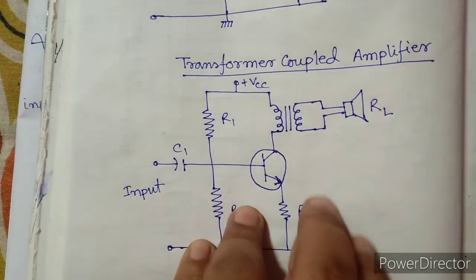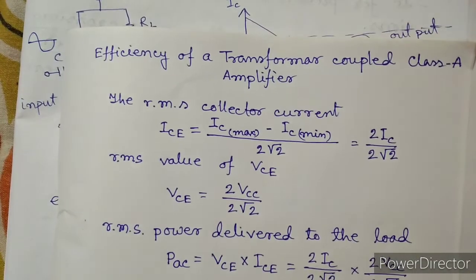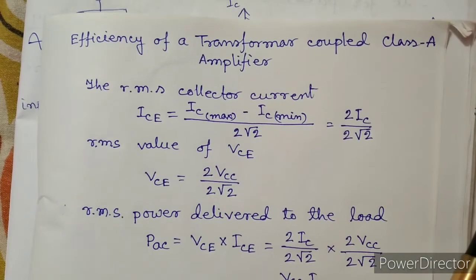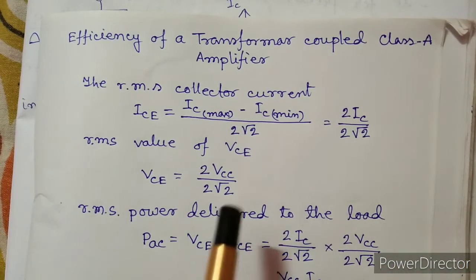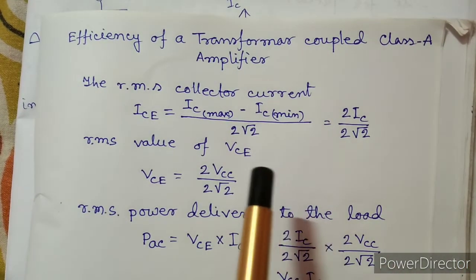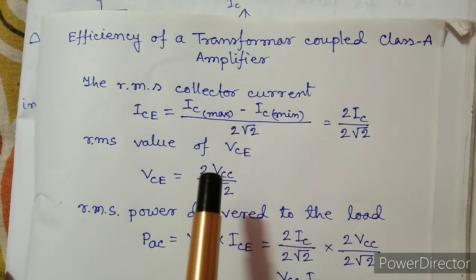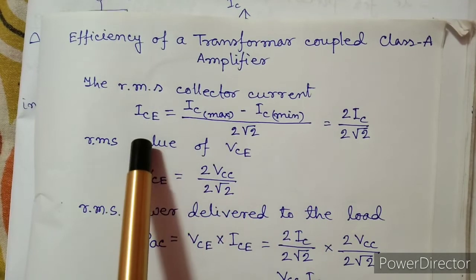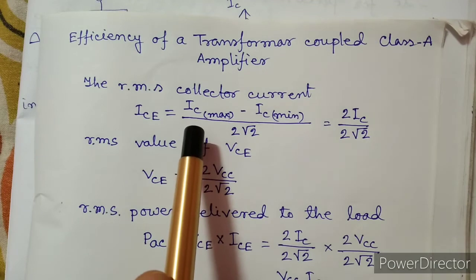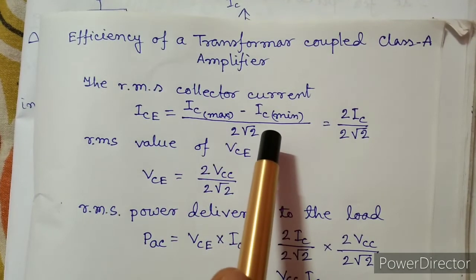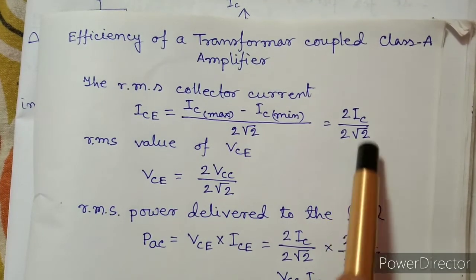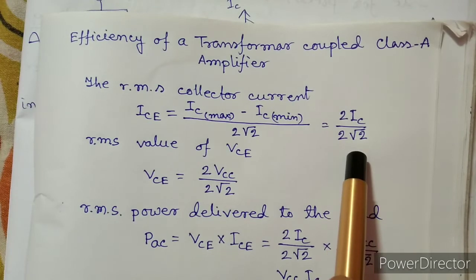Let us see how to calculate the efficiency. Now, if I want to calculate the efficiency of a transformer coupled class A amplifier, then the RMS collector current is IC maximum minus IC minimum, that is 2 IC by 2 root 2.